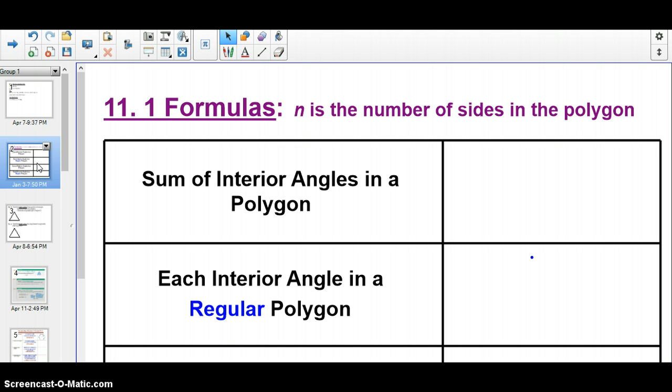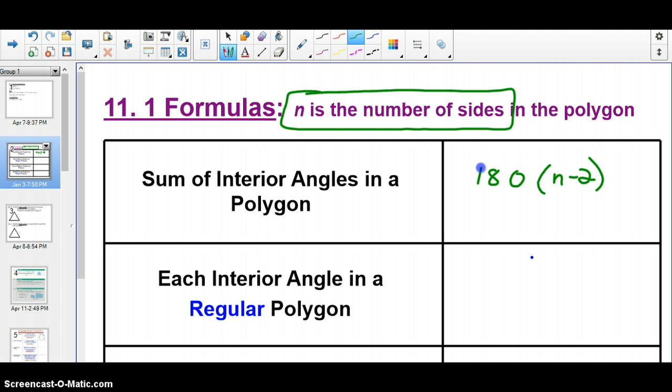If you have some regular polygon, then the sum of the interior angles is 180 times n minus 2, where n is the number of sides. Each interior angle has the following measure: it's just 180 times n minus 2 divided by the number of sides.